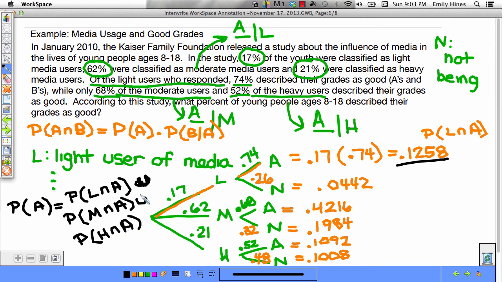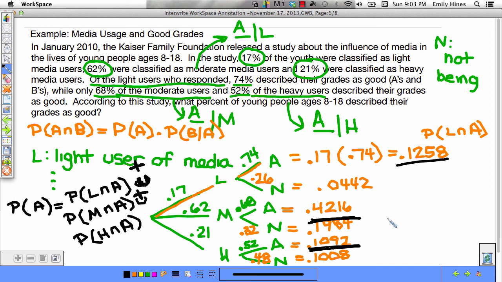And I know that anytime I see an or, I can replace it with an addition if they are mutually exclusive. And in this case, they are. One person is not going to describe themselves as a light user, a moderate user, and a heavy user. Only one of those. So basically, I just add these 3 probabilities.